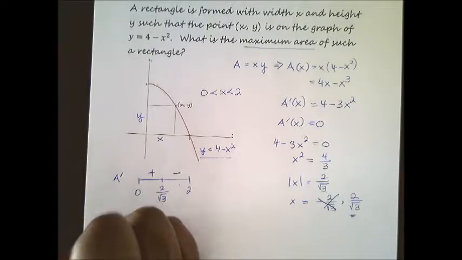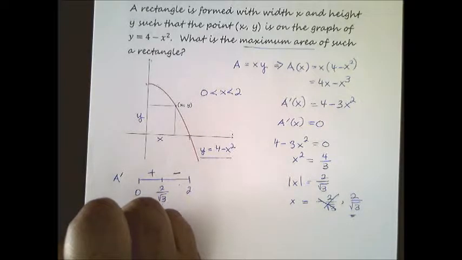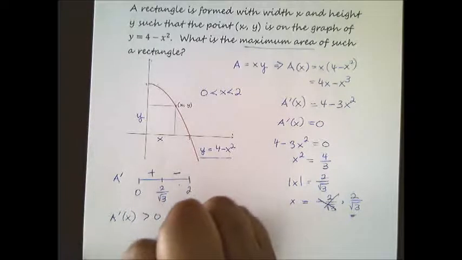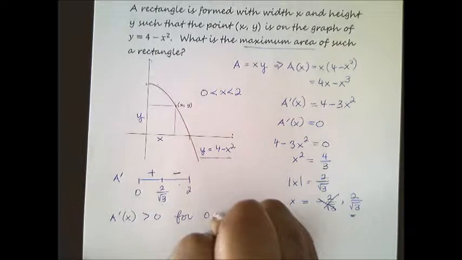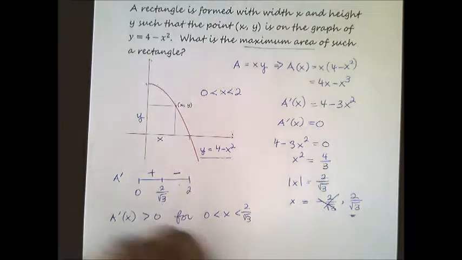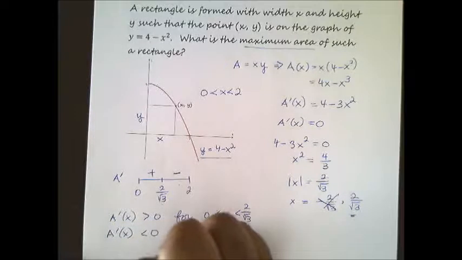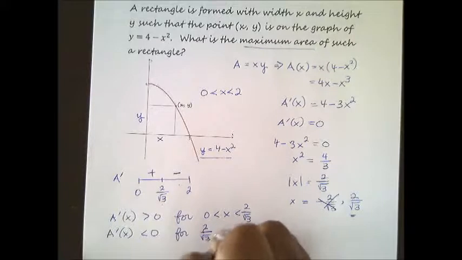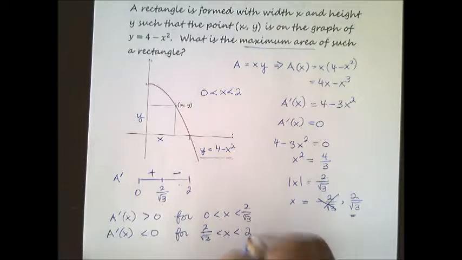So I'm going to say this: A prime of x is positive for values of x between 0 and 2 divided by the square root of 3, and A prime of x is negative for values of x between 2 divided by the square root of 3 and 2.